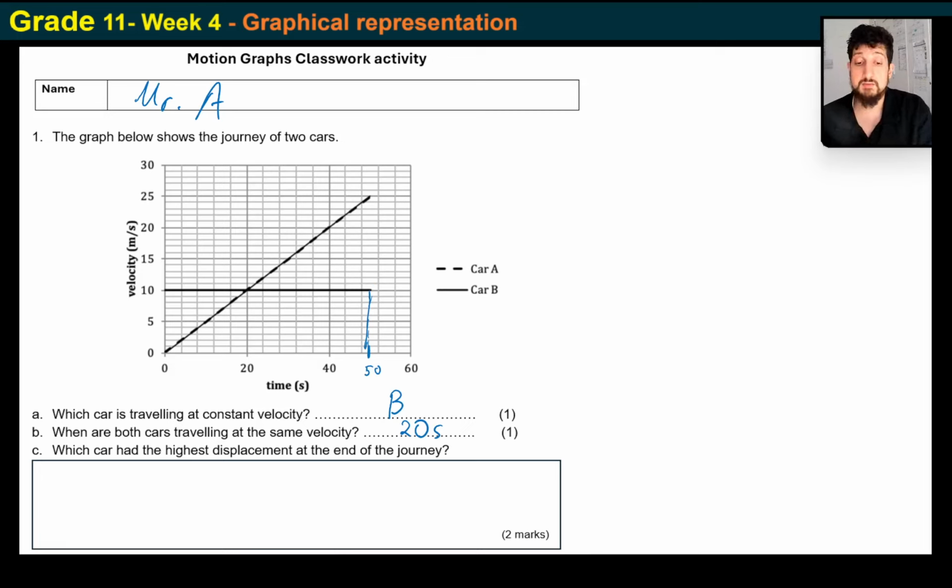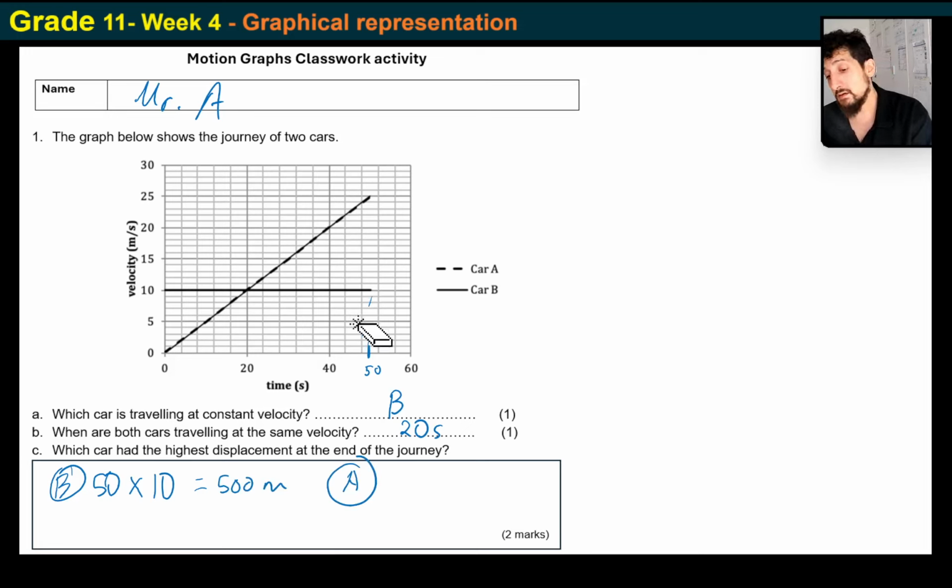Because it's velocity time, so the displacement is going to be 50 times 10. Base times height, 50 times 10, which equals 500 meters. That's the displacement. What about car A?